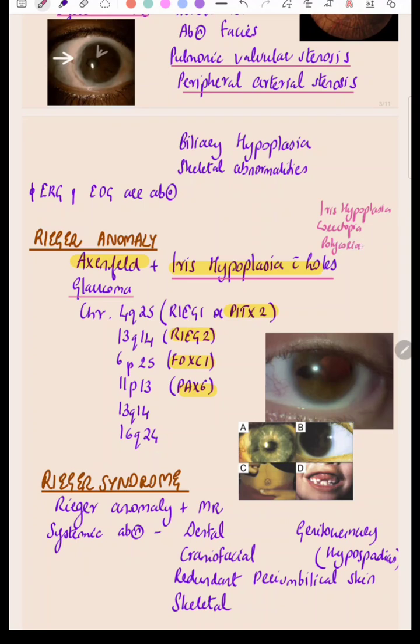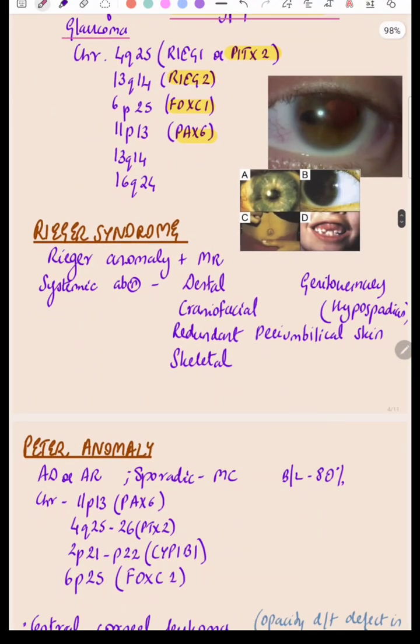If there is Rieger anomaly along with systemic involvement related to neural crest maldevelopment, for example maxillary hypoplasia and dental anomalies, then it is known as Rieger syndrome.